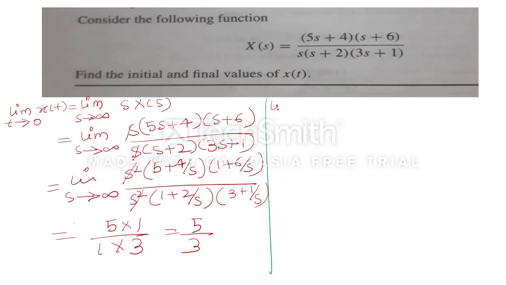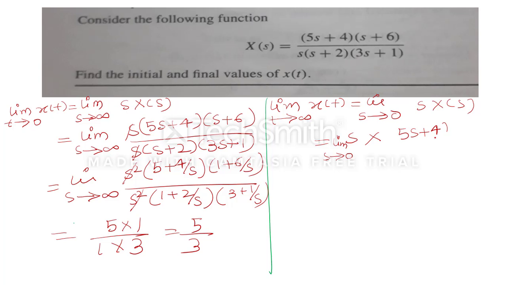And for final value, we know that for final value t tending to infinity x(t), and in s domain s will be tending to 0, s into X(s). So when we put the value, limit s tending to 0, s multiplied by (5s plus 4)(s plus 6) upon (s plus 2)(3s plus 1).